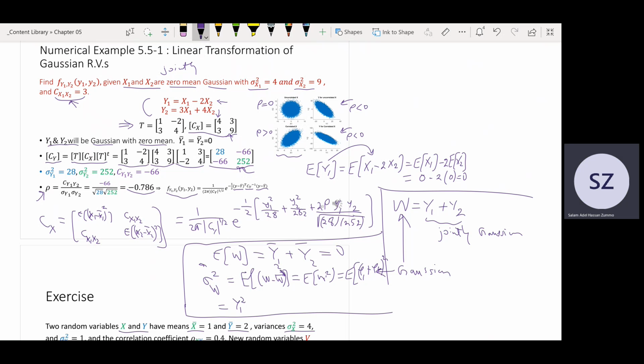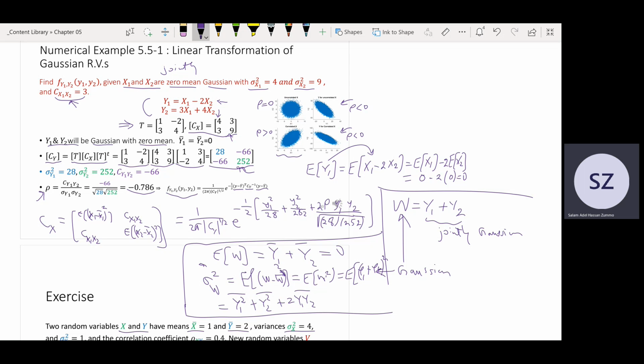Y1 squared plus Y2 squared, which means expected value, plus 2 Y1 Y2 expected value. Do we know this? This is the correlation, right? What is the correlation between them? Did we find the correlation? Yeah, it's equal to minus 66. Why is it equal to minus 66?